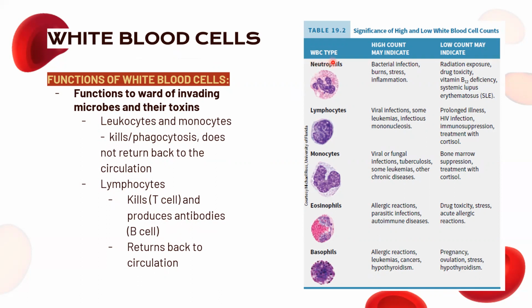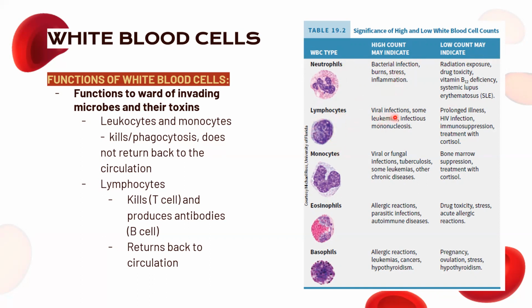Here are the different WBC types. A high count may indicate the following, and a low count may indicate the following for the specific types of your WBC. Neutrophils for bacterial infection, burns, and stress and inflammation.